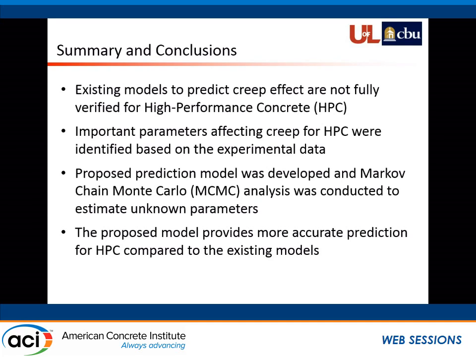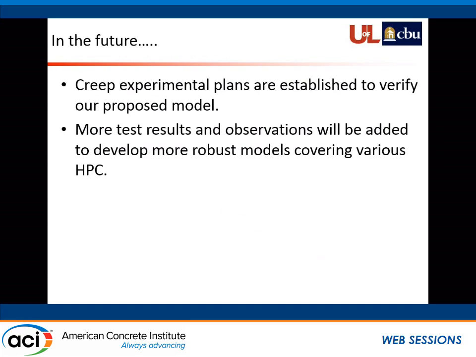The proposed prediction model is based on AASHTO plus those two parameters. Using Markov chain Monte Carlo simulation, we updated the posterior statistics for the unknown parameters, and the proposed model provides more accurate predictions, especially for the early portion of the creep deformation.